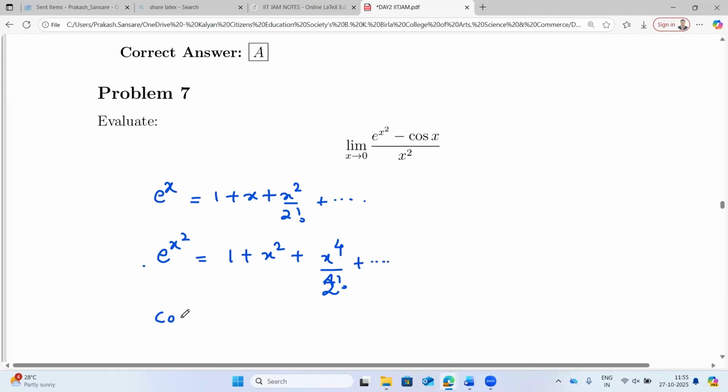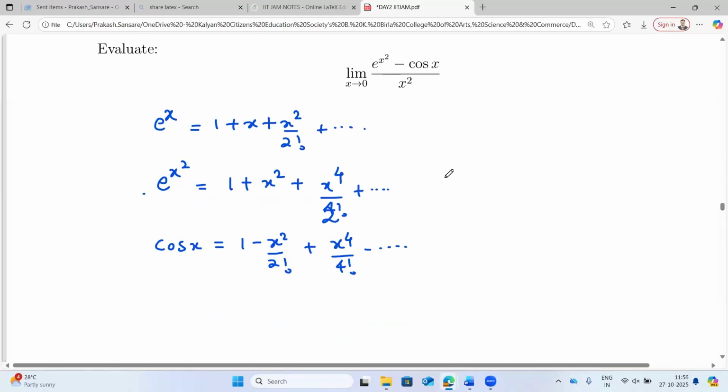And we also know what is cos x. Cos x is 1 minus x square by 2 factorial plus x raised to 4 by 4 factorial minus so on and so forth. So if I subtract these two expressions, what I'll get? e power x square minus cos x is equal to, this 1 and 1 will get cancelled.